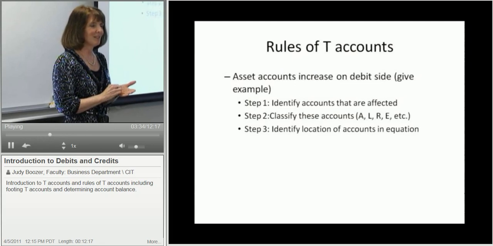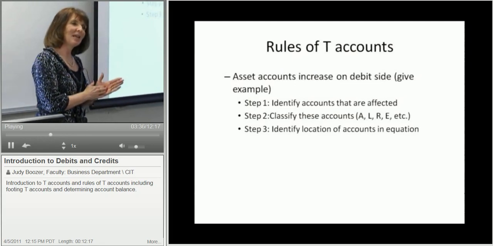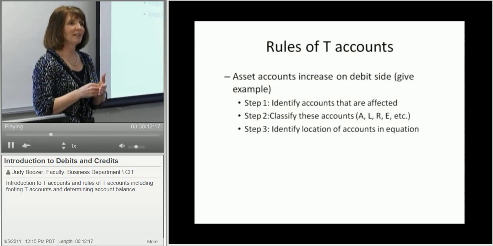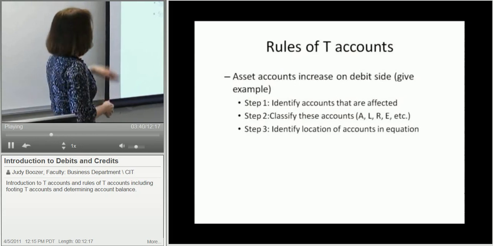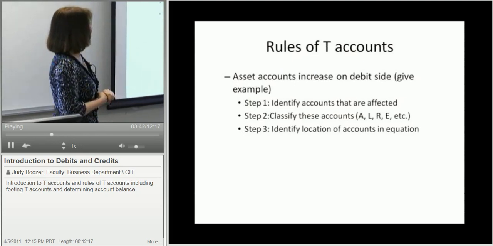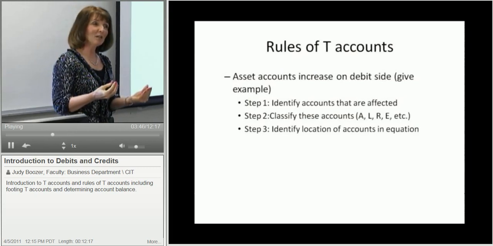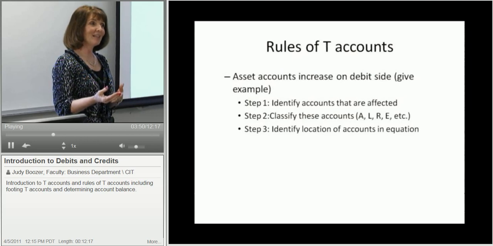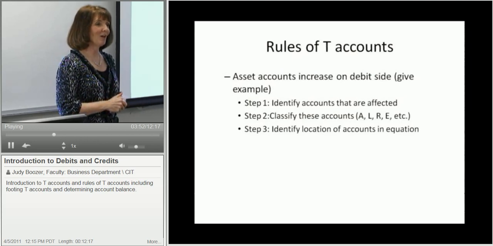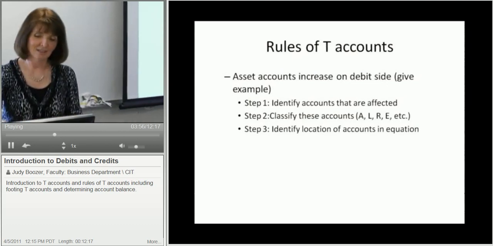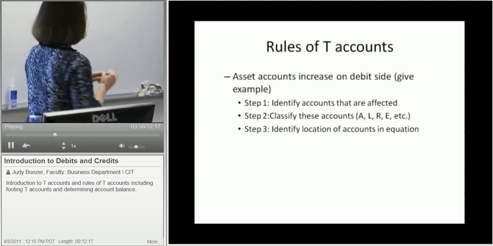Capital. So, debit cash, credit capital. Asset accounts increase on the debit side. Capital accounts increase on the credit side. Now, does this make sense? Take a look here.